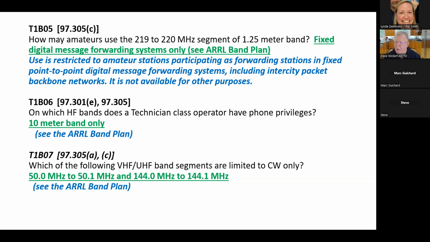And those bands are limited to CW only. All of the other VHF, UHF bands are voice only.